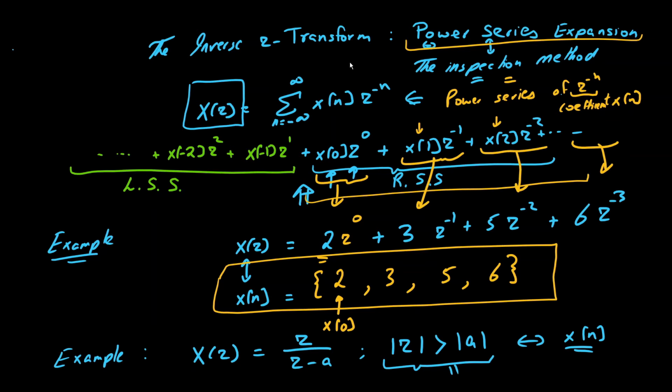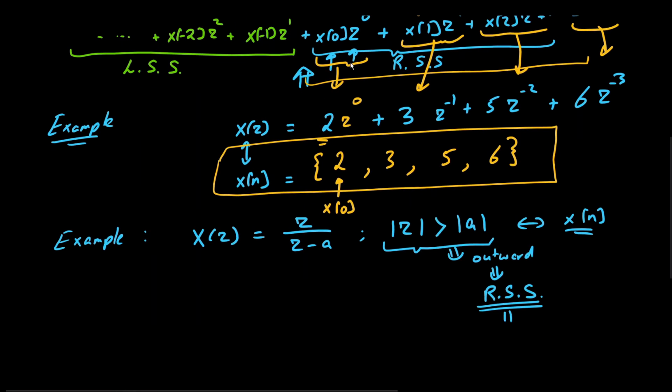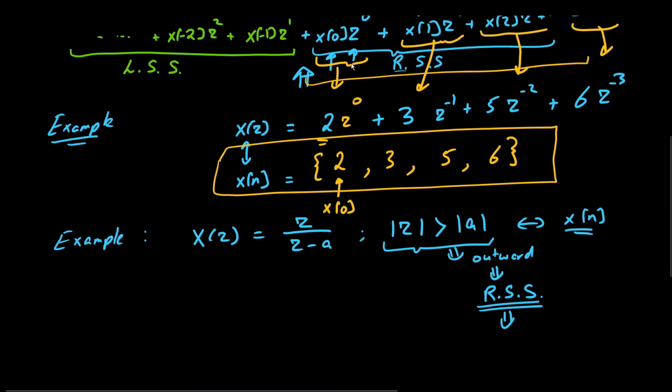So this means that the sequence in time domain would be a right-sided sequence. So you need the power series in this form, z raised to power 0, z raised to power minus 1, and so on. Generally you desire a sequence in terms of z raised to power minus n.